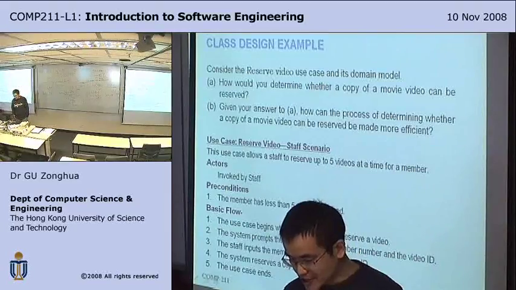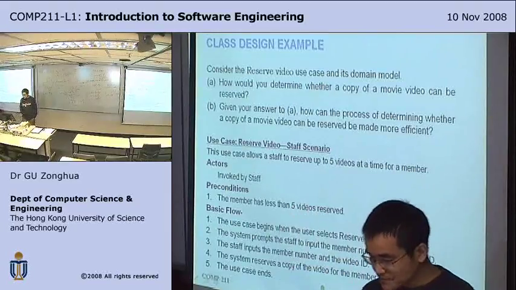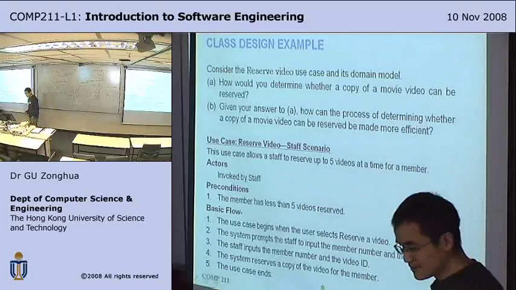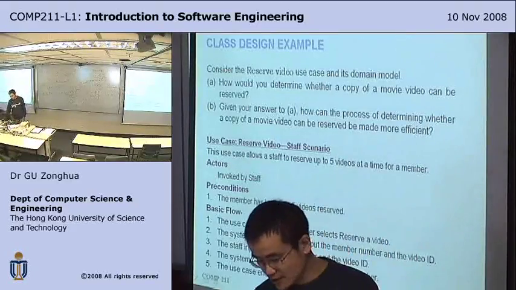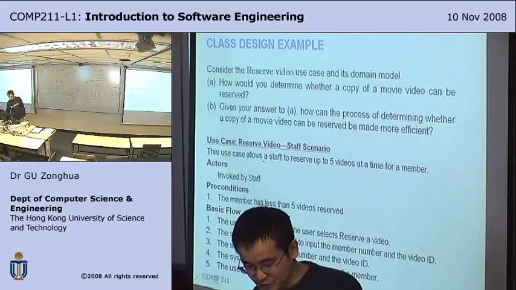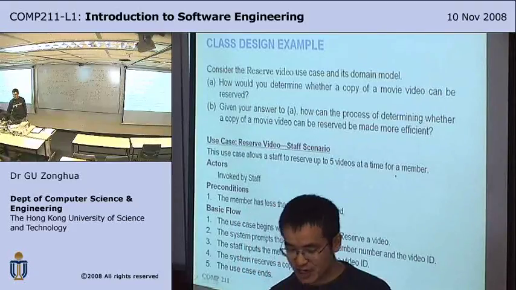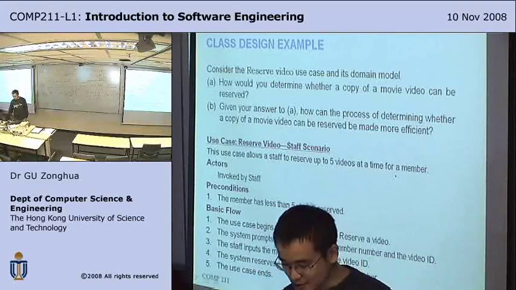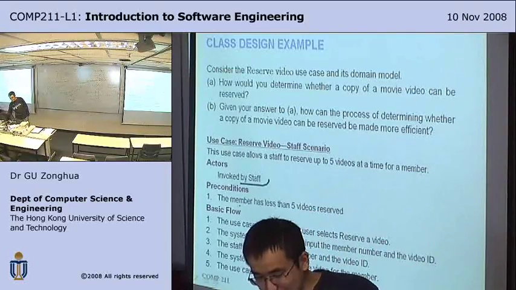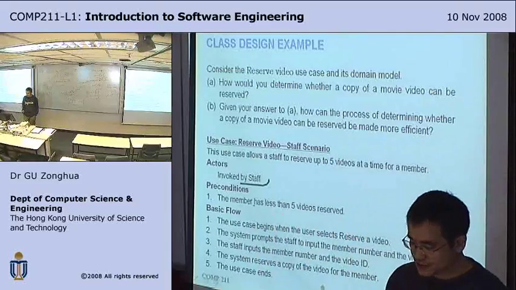So here's the class design example of optimization for performance. This is the familiar reserve video use case. It allows the staff to reserve up to 5 videos at a time for a member, which is a special customer. The actor is the staff. The precondition is the member has less than 5 videos reserved.